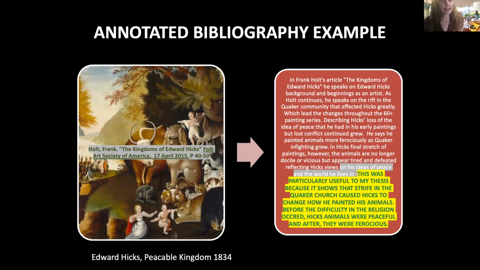Okay, here is another, we're back with old Hicks again. So generally, annotations should be no more than 150 words, 4 to 6 sentences. They should be concise and well written.